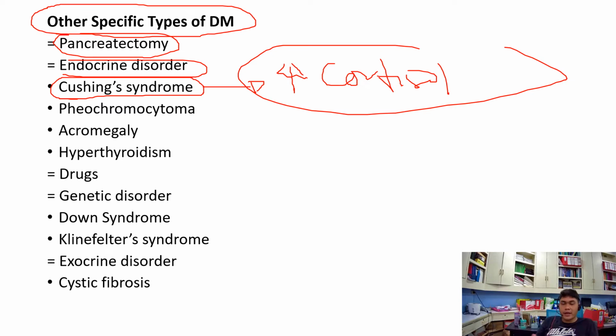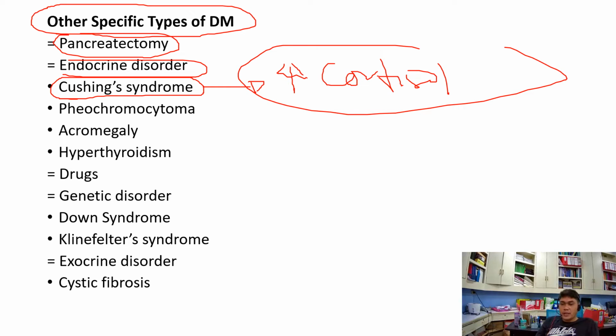So the effect, you have an increase in glucose level. Okay, so with increased glucose level, you have diabetes, but that is secondary to the endocrine disorder like hyperthyroidism.